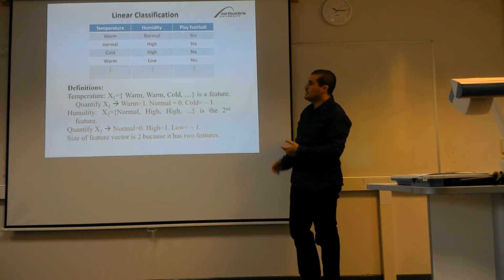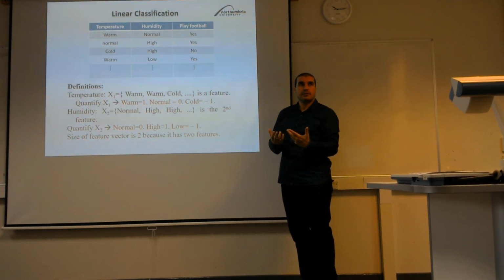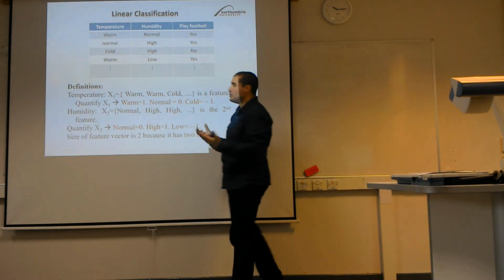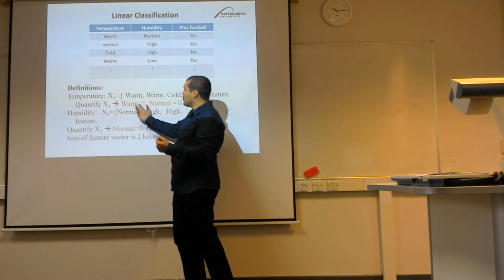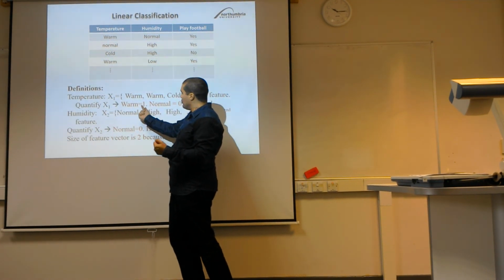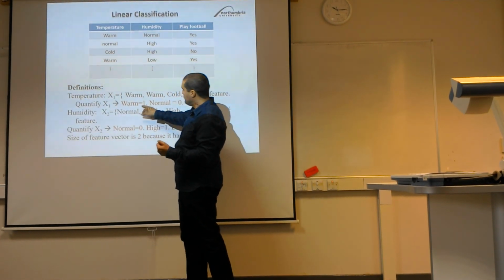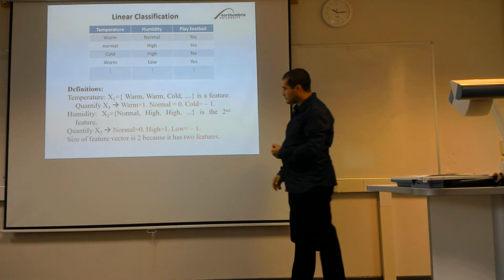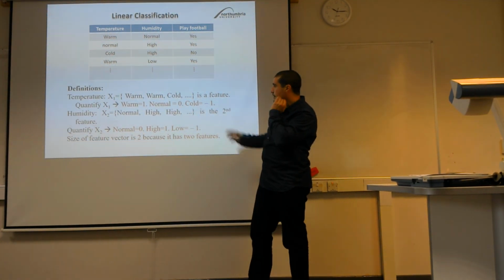The system should work with numbers. So the classification system should work with numbers, especially the input features. So we need to quantify them. So we will assume a value for warm equals 1, normal 0, cold is -1.